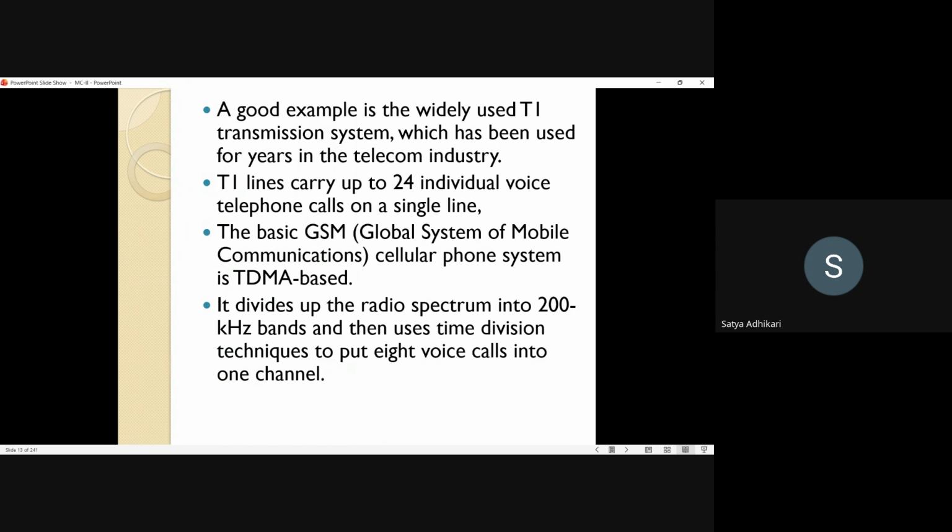It divides the radio spectrum into 200 kilohertz bands and then uses a time division technique to put 8 voice calls into one channel. So if there are more than 8 voice calls, it tells the user that all lines are busy, you wait. So this is TDM based. You will learn about the GSM network in your course on different types of networks. But remember that the GSM cellular phone system is TDMA based.